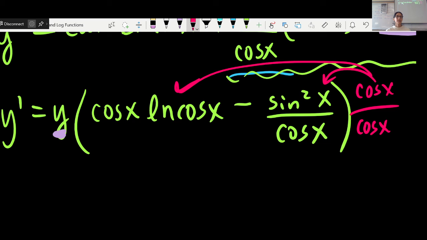Does that make sense? So I'm not actually changing anything, I'm just multiplying by 1. So I can do that as long as I distribute it to both of these. And in doing that, I still have this y. So y prime equals this y.